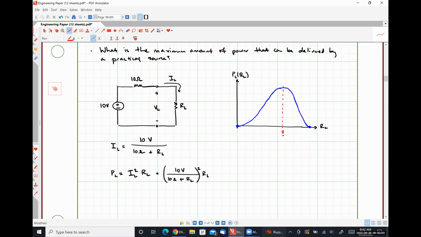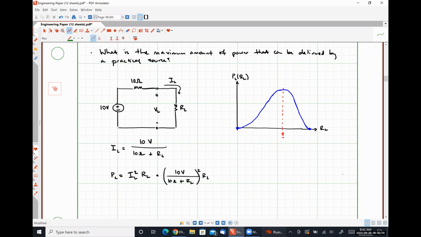So effectively what I'm trying to say is that if we were trying to figure out what load would deliver, let's say 10 milliwatts of power, and we knew that 10 milliwatts wasn't the maximum value, right? So let's say that this point on the vertical axis right here corresponded to 10 milliwatts.